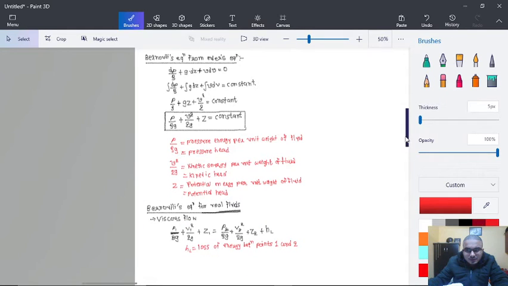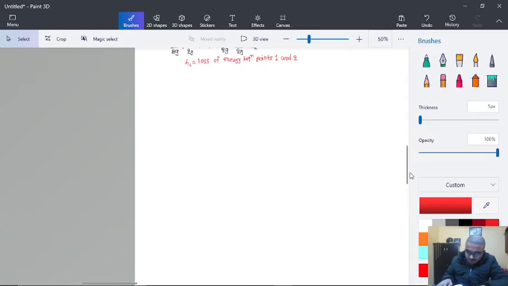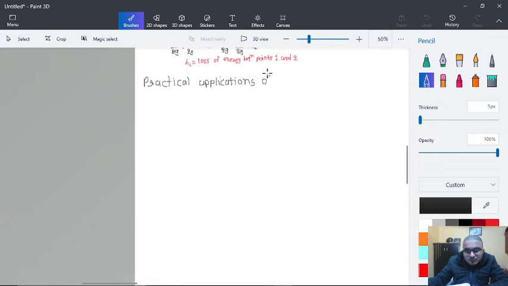Now let's move forward with our next theory, that is practical applications of Bernoulli's equation.